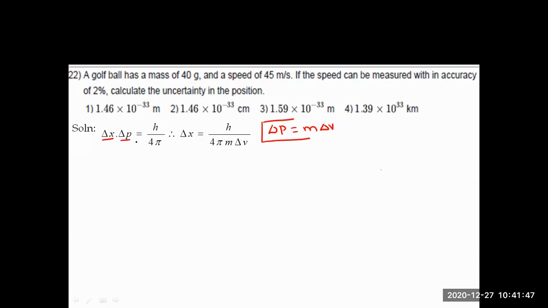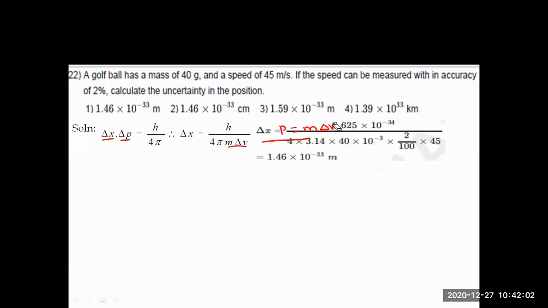So delta x is equal to h divided by 4 pi into, in the place of delta p, what I have written? M into delta v. Let us substitute the values. So 6.625 into 10 raised to minus 34 divided by 4 into 3.14, that is pi value, into 40 grams must be converted to kg because it has to be in SI unit.